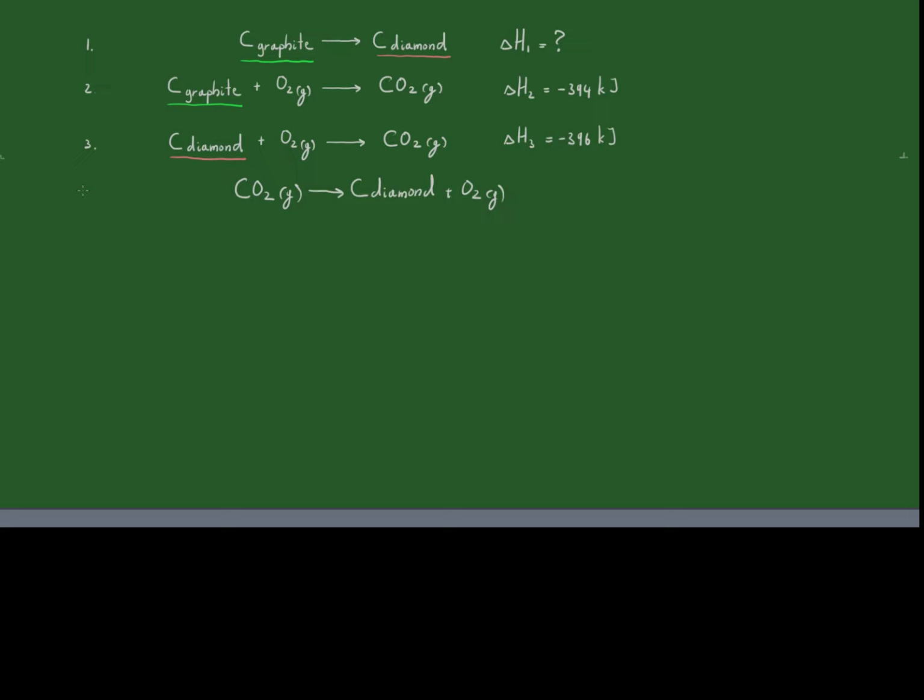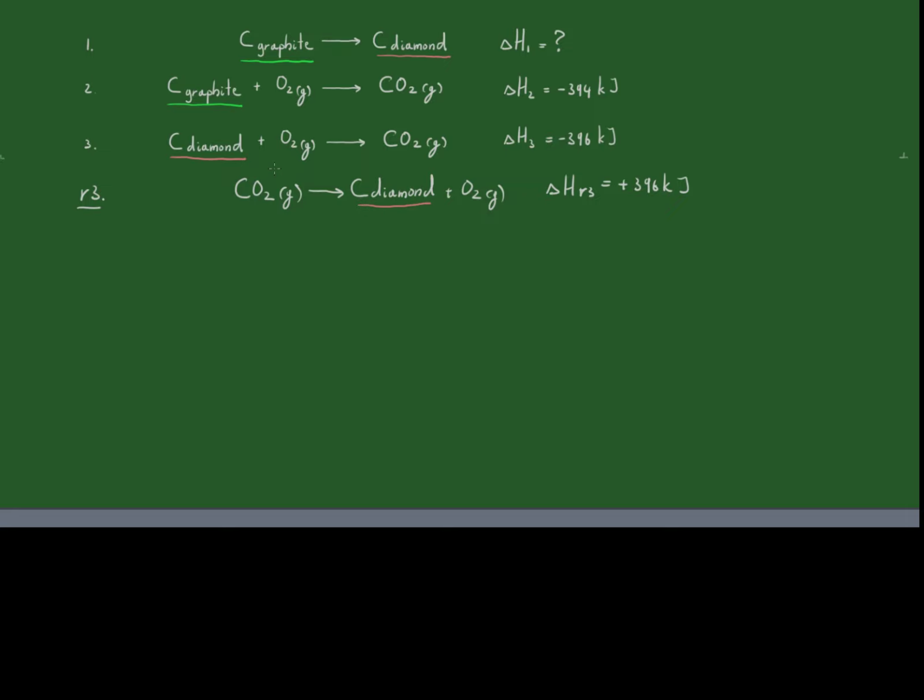So this is the reverse of reaction 3. So I'll call it R3. Because we've reversed it, we need to change the sign of the enthalpy changes. So the delta H for R3, so reverse of reaction 3, is now plus 396 kilojoules. Okay, and now we have our diamond as a product.